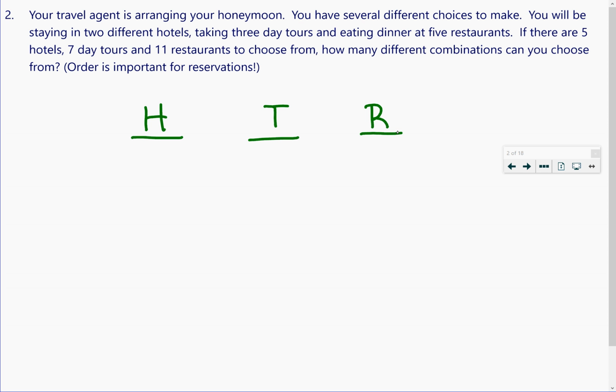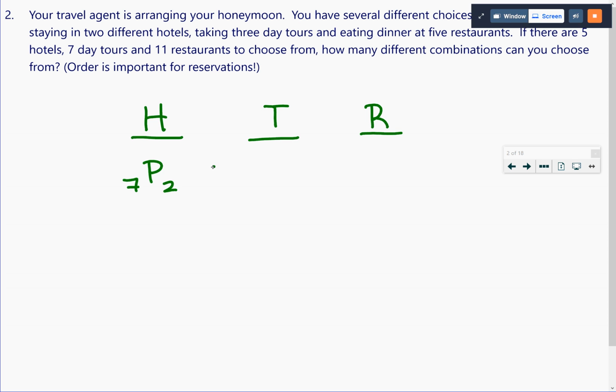So how do I do that when order is important? Seven, choose 2. Is it going to be a P or a C? It will be a P if order is important. So 7 permutations of 2.